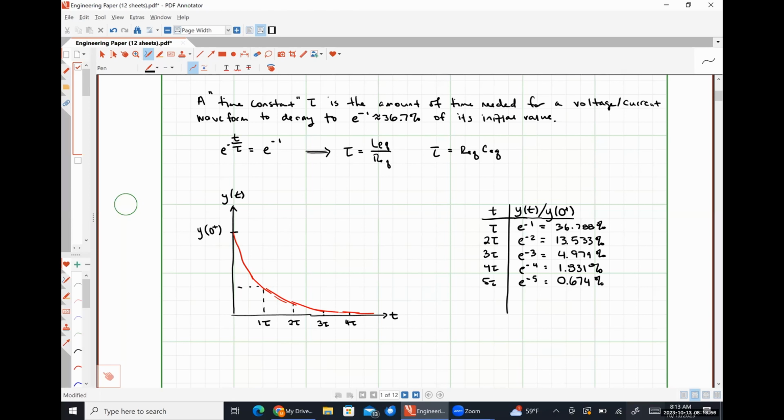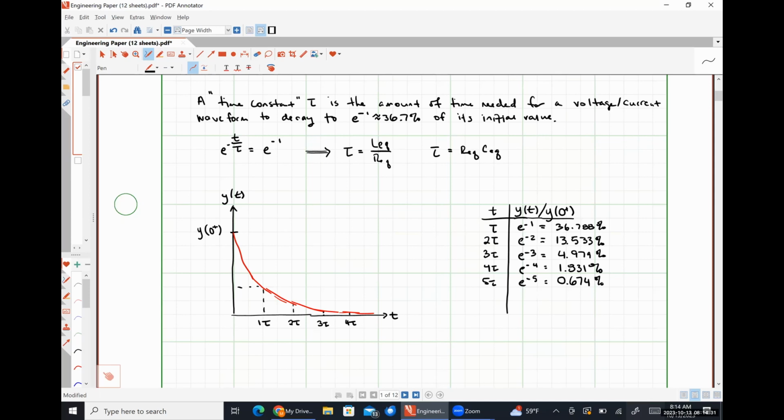So the reason why I'm bringing this up is we can see that it takes approximately 5 time constants for the value of our voltage or current to decay down to less than 1% of its original value, which means it takes approximately 5 time constants for a capacitor or an inductor to fully discharge all stored energy.